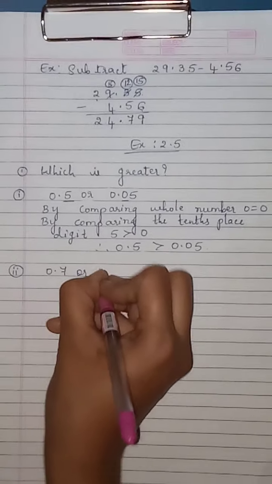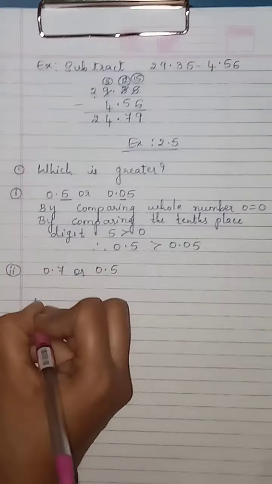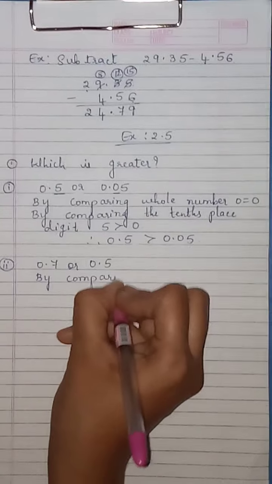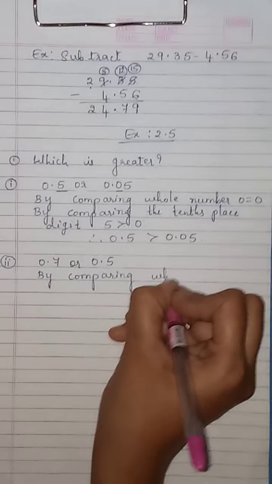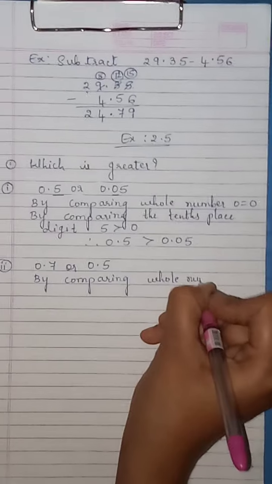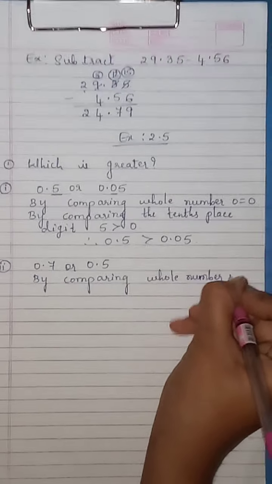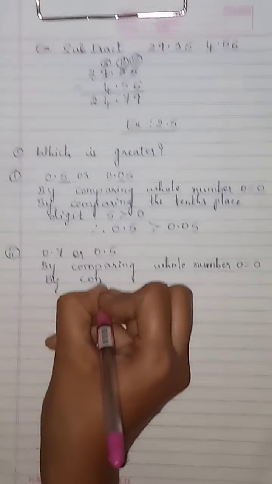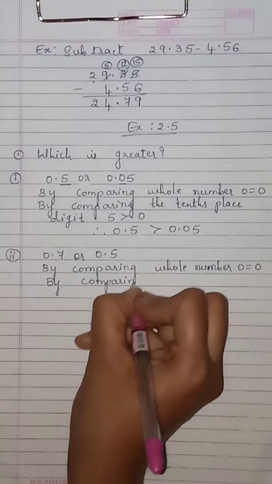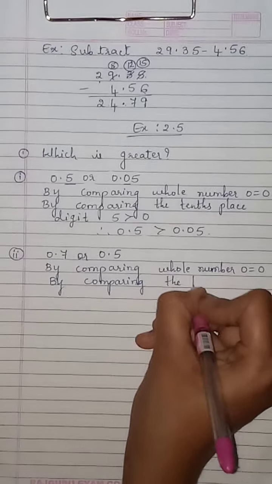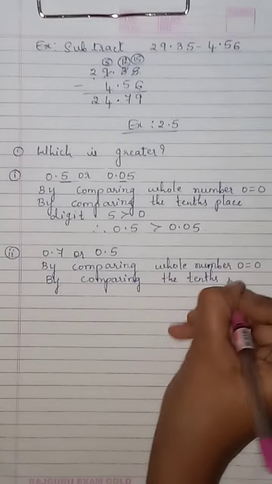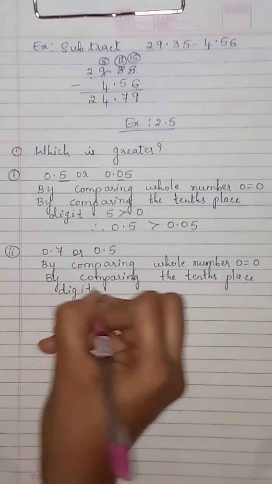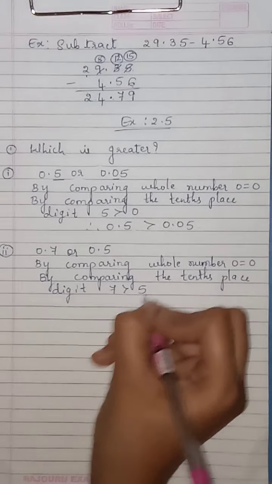Second one, 0.7 or 0.5. Here, children, by comparing the whole number, first you compare the whole number here. By comparing the whole number, 0 equals 0. Now, by comparing the tenths place digit, here 7 is greater than 5.